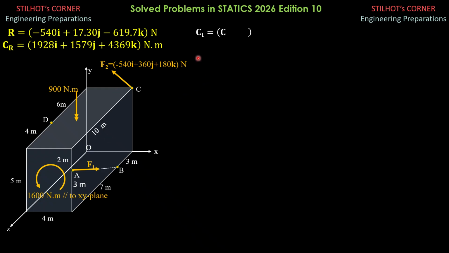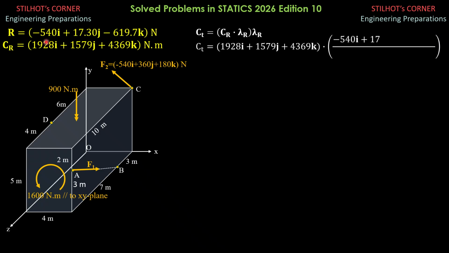So we have C sub D is C sub R dot lambda of R, then times lambda of R. Let's evaluate first the magnitude of the twisting couple, which is C sub R dot lambda of R, and this is equal to the quantity 1928i plus 1579j plus 469k dot negative 540i plus 17.3j minus 619.7k divided by the magnitude of R, square root of 540 squared plus 17.3 squared plus 619.7 squared.